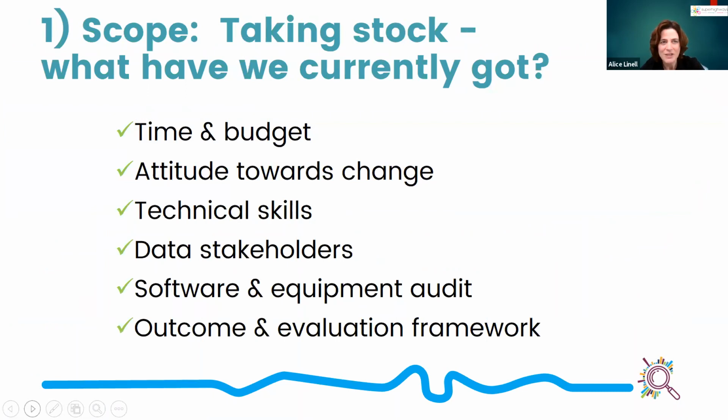So the first place we start is scope. Before you do anything, you'll obviously have an inkling you need a new system, that's why you're attending this. The first thing to do though is to take stock of where you are and gauge your starting point. Obviously time and budget are really important.